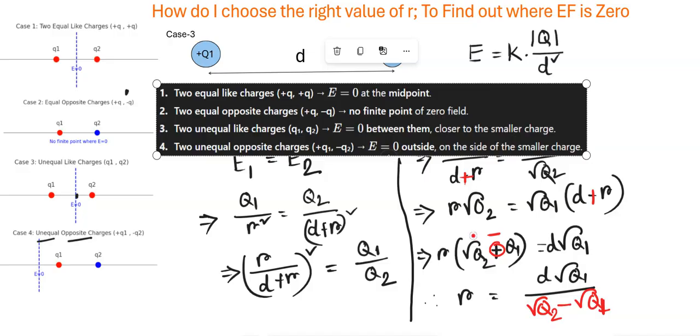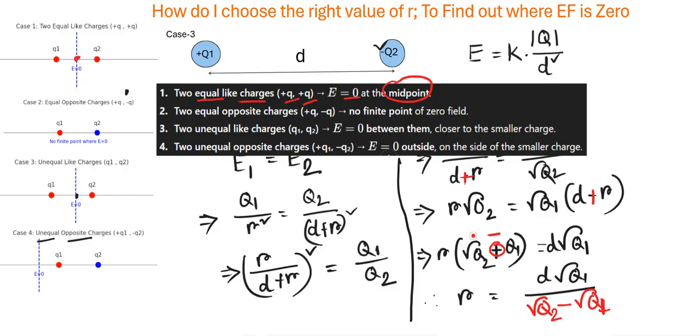Let's summarize. Very first case, two equal but like charges. So Q1 and Q2 will be equal, plus Q and plus Q. Electric field is 0 at the midpoint.